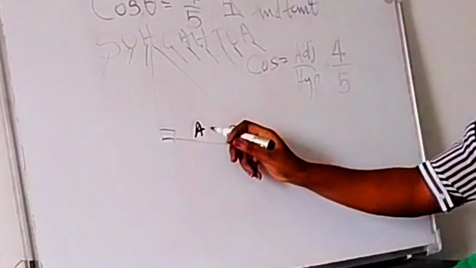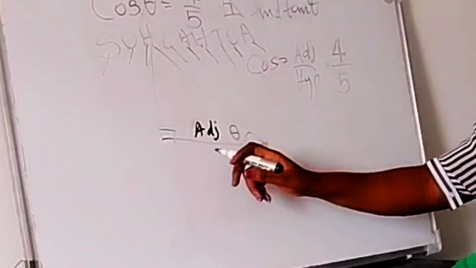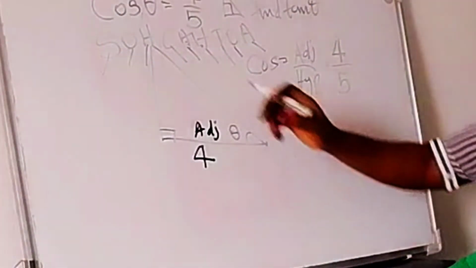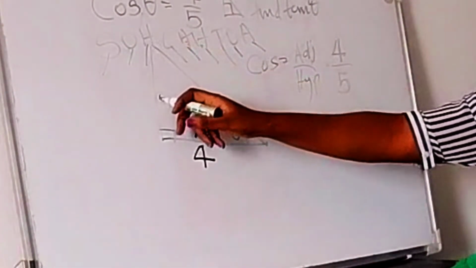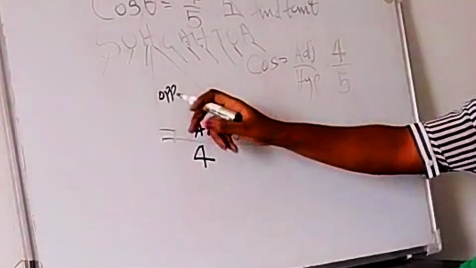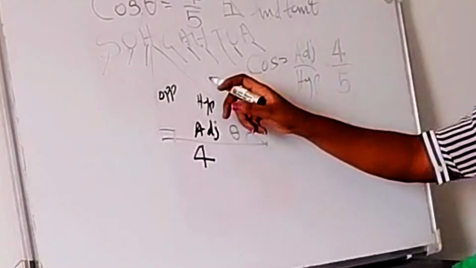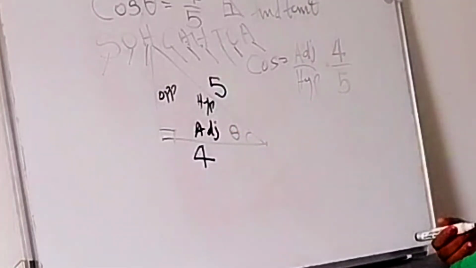That's the adjacent. So the adjacent is 4, while the hypotenuse is the line joining the opposite and the adjacent. So the hypotenuse is 5.